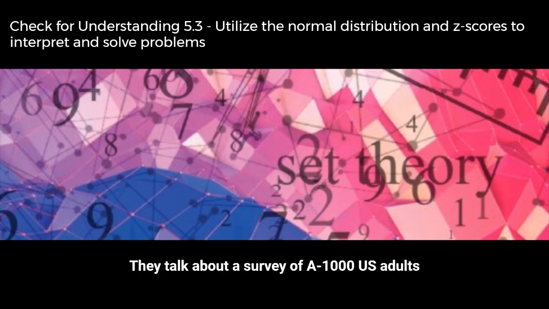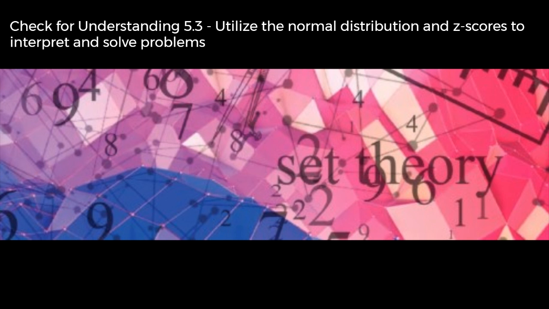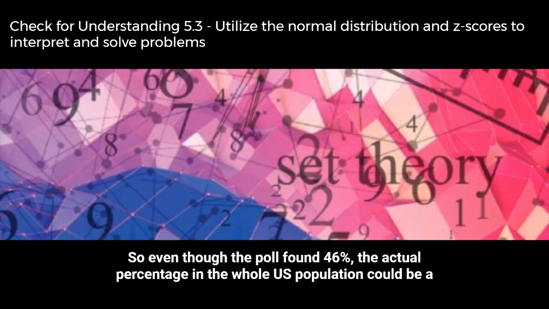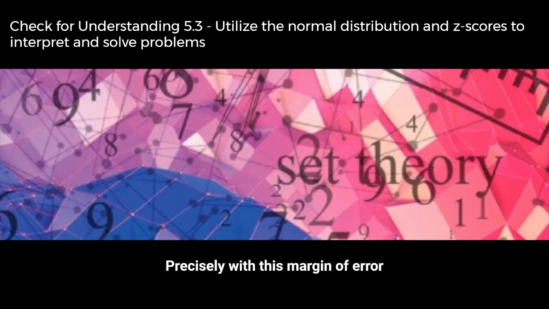They talk about a survey of 1,000 U.S. adults where 46% said they dreaded public speaking. Now, the margin of error for a sample size of 1,000 is about 1 divided by the square root of 1,000, which is roughly 0.032, or 3.2 percentage points. So even though the poll found 46%, the actual percentage in the whole U.S. population could be a bit higher or lower. Precisely.